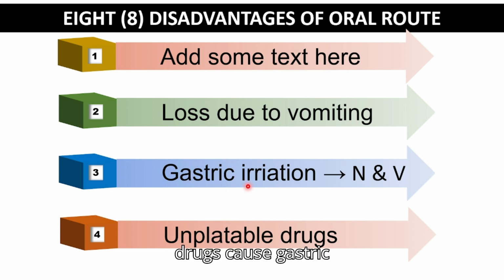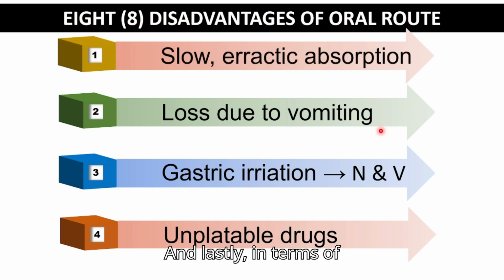Some drugs cause gastric irritation, for example, ferrous salts, and this leads to nausea and vomiting. And lastly, in terms of absorption, the oral route is slow and absorption is very erratic compared to other routes such as the intramuscular route.